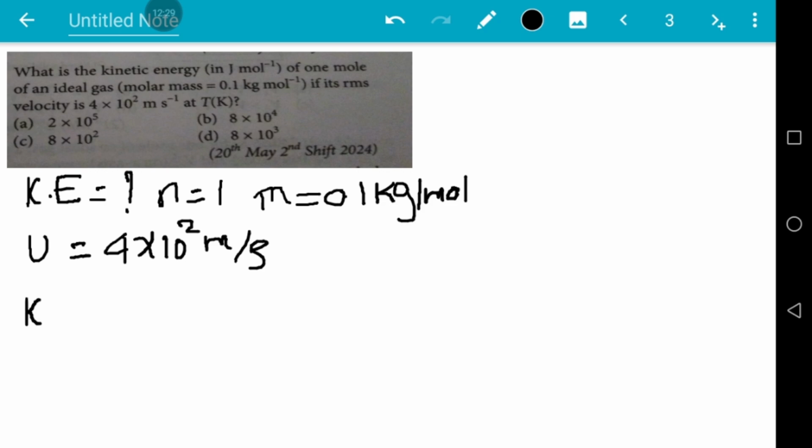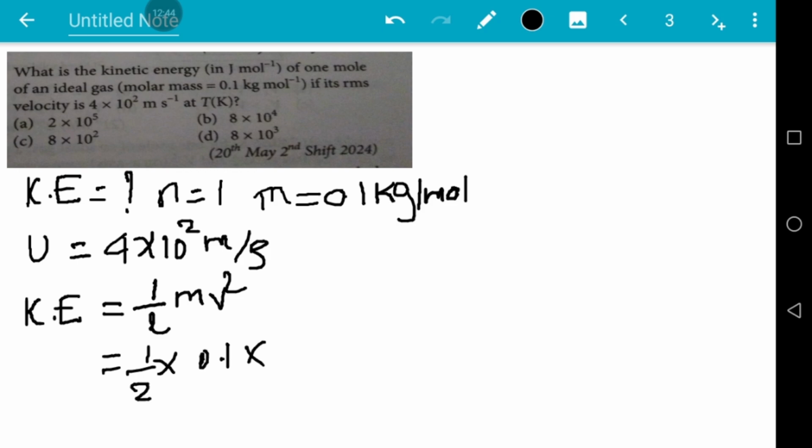Now they are asking for the kinetic energy, and we already know the formula: kinetic energy equals half m v square. Now substitute the values: half into mass, 0.1, into velocity, 4 into 10 square, and keep the square.